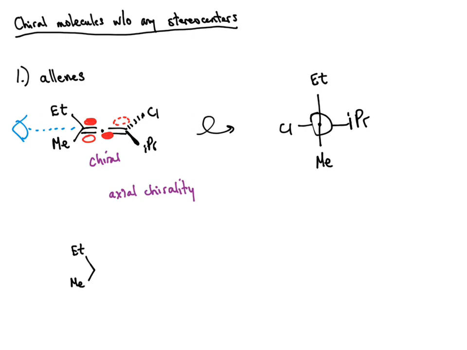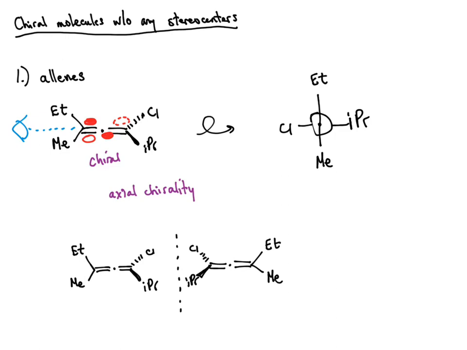So here's the original molecule. If I draw a mirror plane here, I've got an isopropyl group coming out towards me, chlorine going back away from me, and then I've got ethyl here and methyl there.